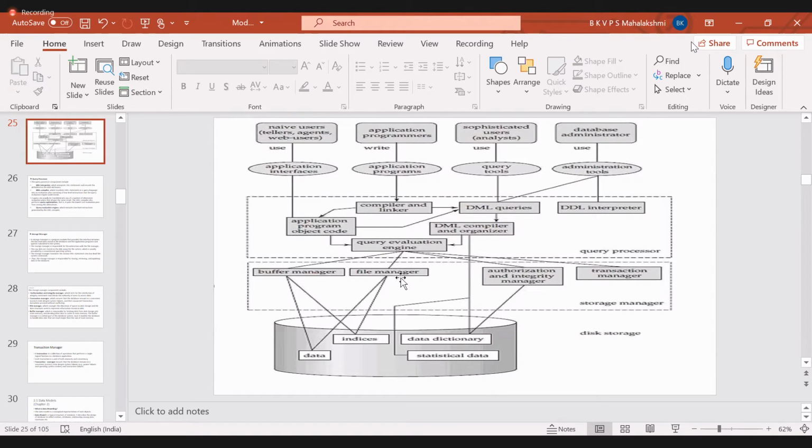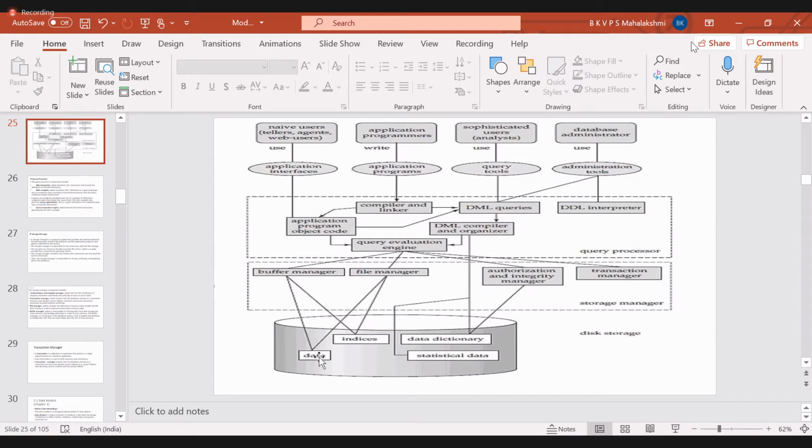So these are the responsibilities and works: transaction manager, authorization and integrity manager, file manager and buffer manager.